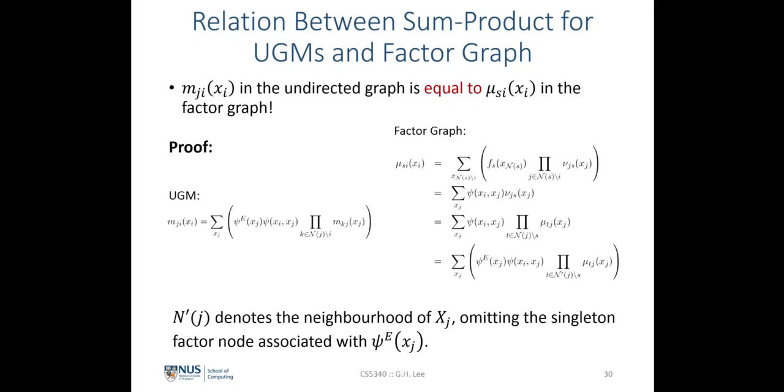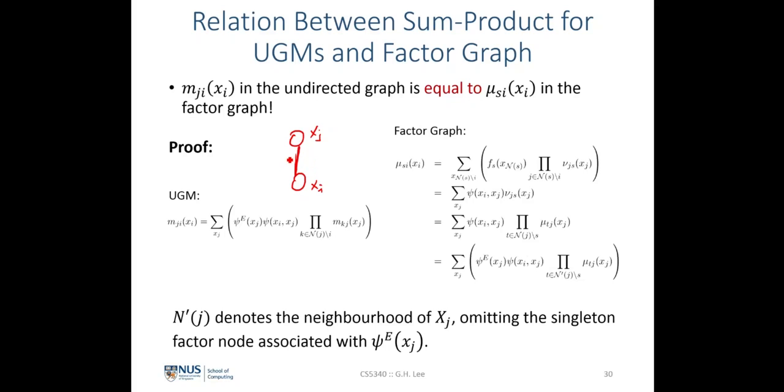Now let's prove that this relation is true. Let's look at the message that is passed from a random variable node xj into a random variable node xi in an undirected graphical model. So I have a random variable node xj, and I also have a random variable node xi over here, and these two are connected to each other.